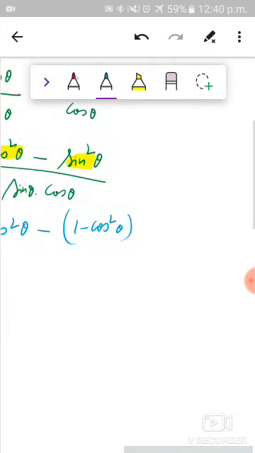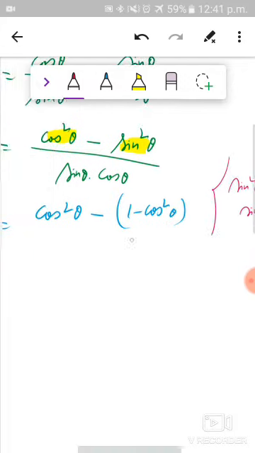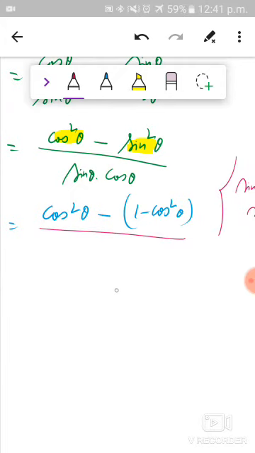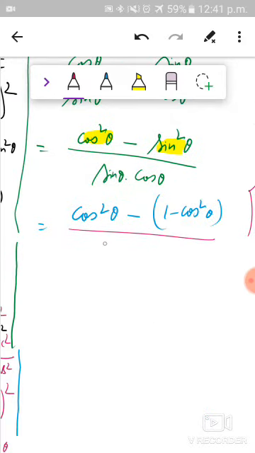As we know, sin square theta plus cos square theta is equal to 1 by identity. So we can write sin square theta is equal to 1 minus cos square theta. That's why in place of sin square theta we write 1 minus cos square theta. In the denominator we need sin theta into cos theta, which is the same here.